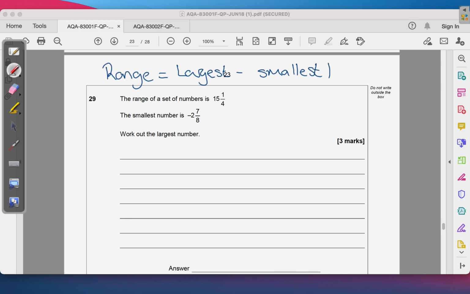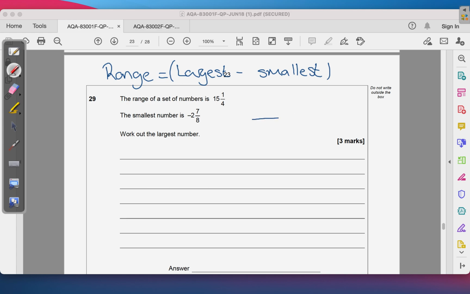Okay, that's what the range means. So if we know that the range is 15 and a quarter, then to work out the largest number, we just need to add 15 and a quarter onto the smallest number. Okay, and that'll give us our largest number.